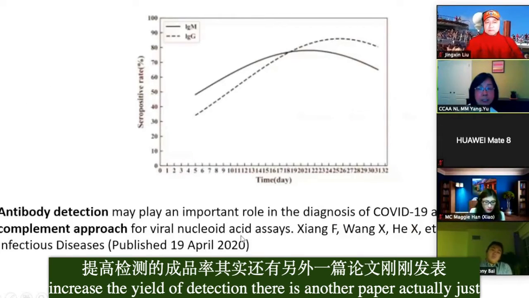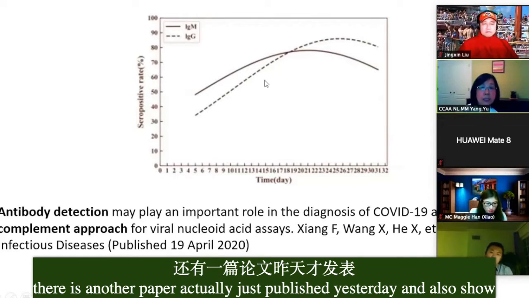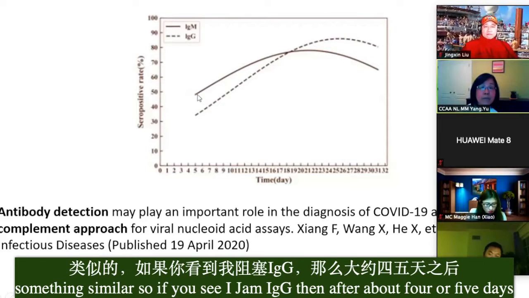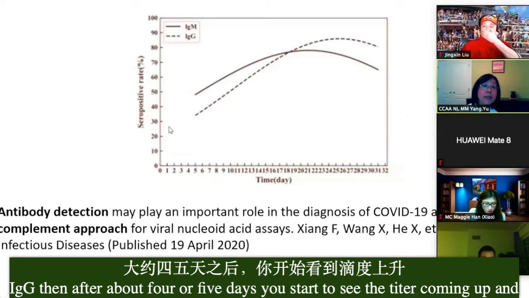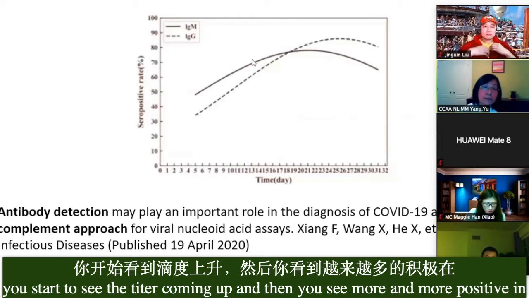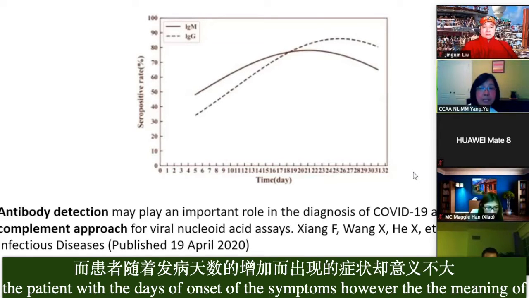There's another paper just published yesterday that also shows something similar. If you see IgM, IgG, after about 4 or 5 days you start to see the titer coming up, and then you see more and more positives in the patients with the days of onset of symptoms.